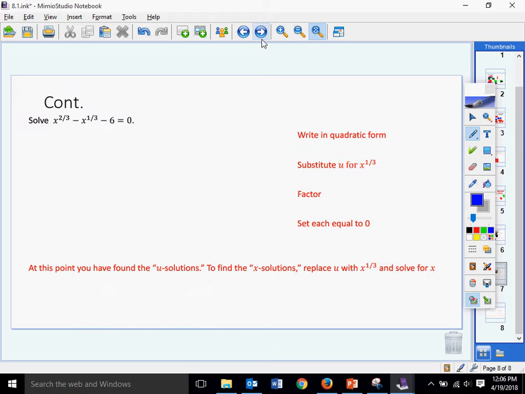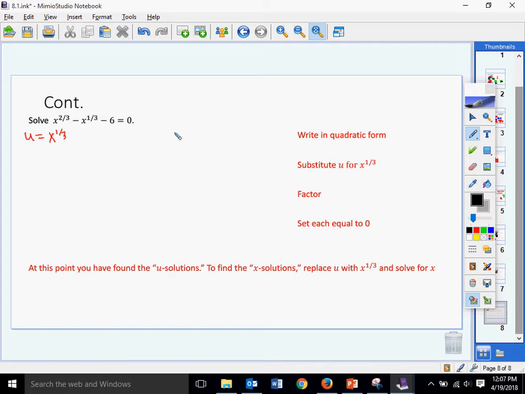So last one here, let's see if we can't figure out my u value here. I always want to look to my middle term and see if that will be my u. It's my u if I can square this and get my first term here. If I square x to the 1/3, I would get x to the 2/3.